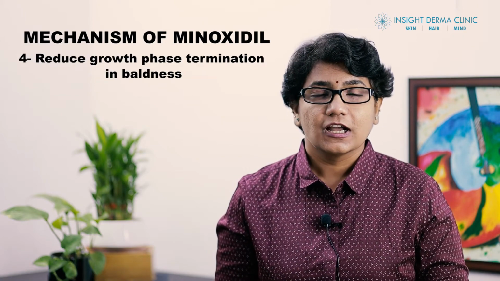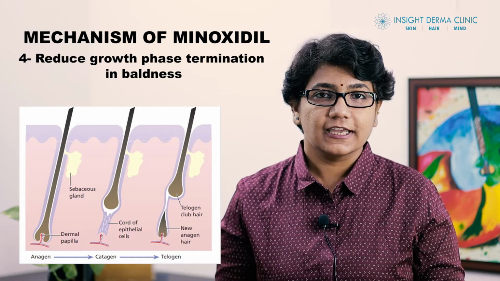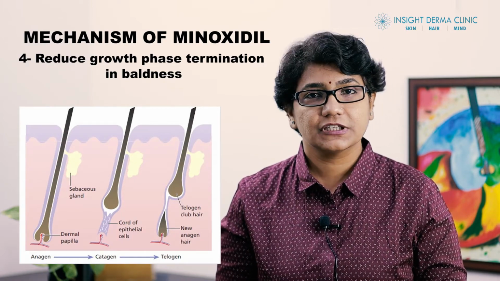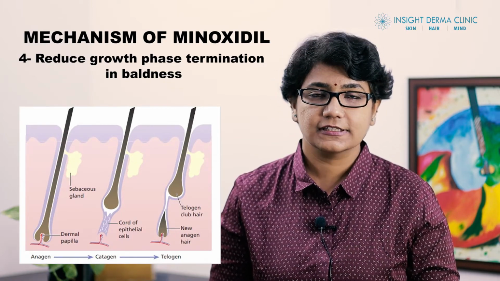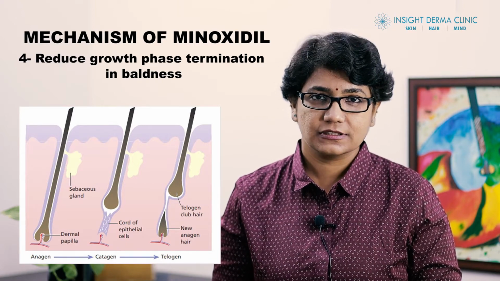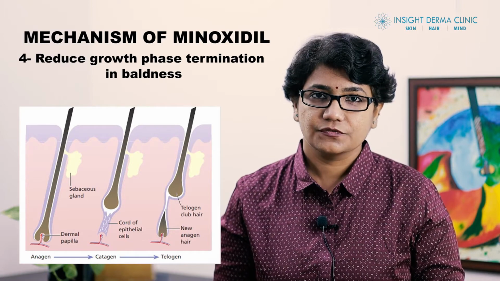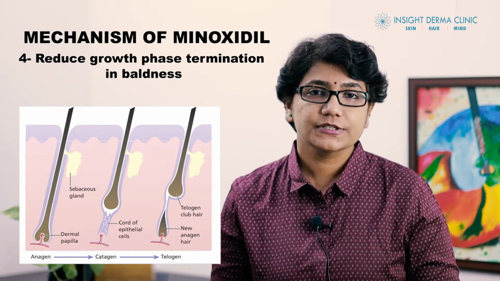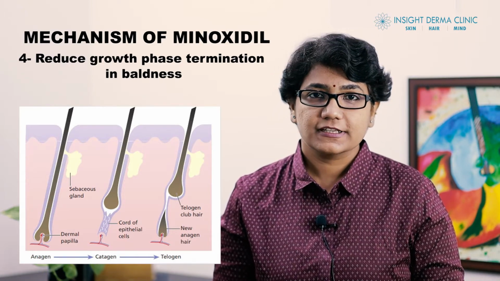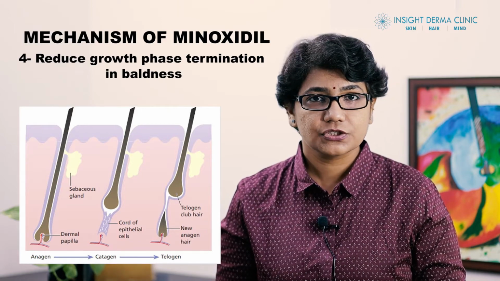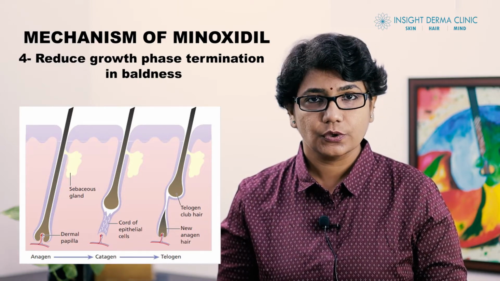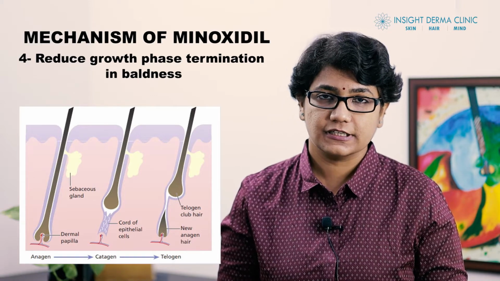Fourth, when there is hair fall, the hair cycle changes. We have three stages in the hair cycle: the growing stage, which is anagen, the resting stage, which is catagen, and the falling stage, which is telogen. What happens in hair fall? The growth phase is arrested or prematurely terminated, and so the hair goes into the falling stage.